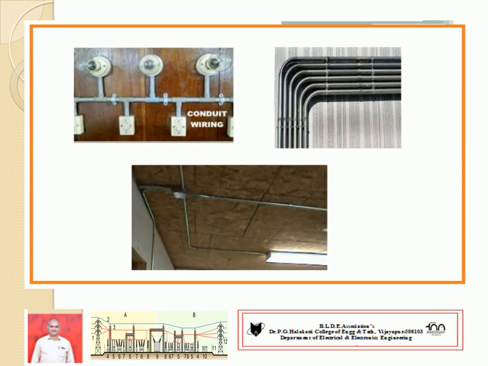So you can view how the conduit or tube structures are placed on the surfaces of the walls and ceilings. You can view figure number 1, figure number 2, figure number 3. The tube structures are available on the surface of the wall or ceiling.